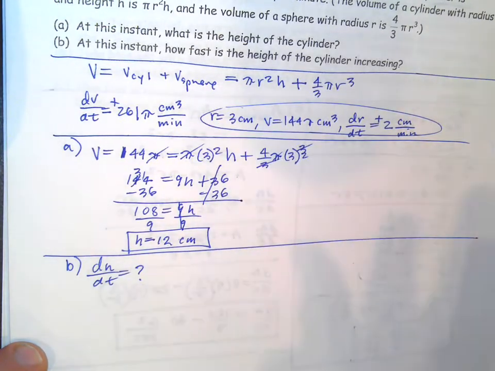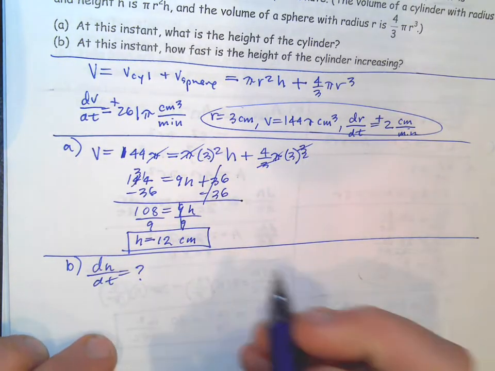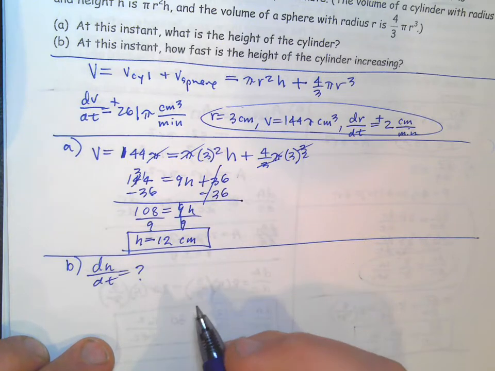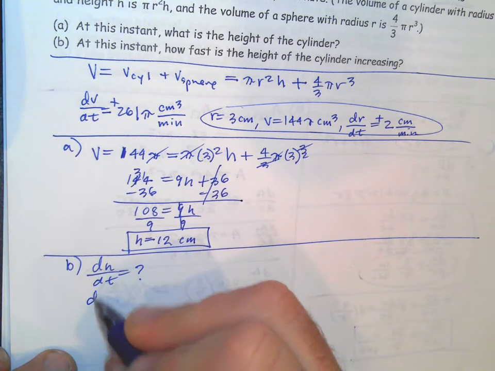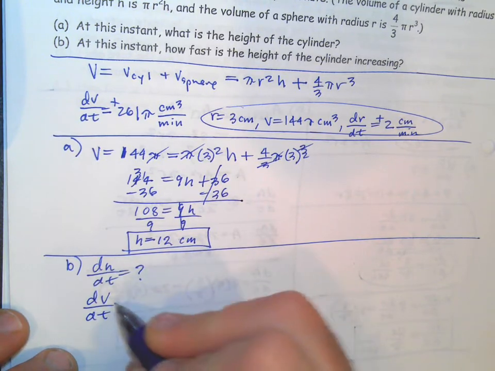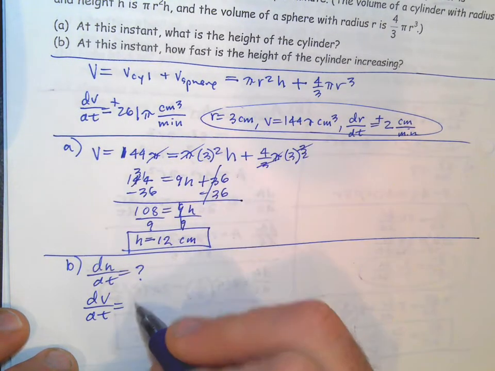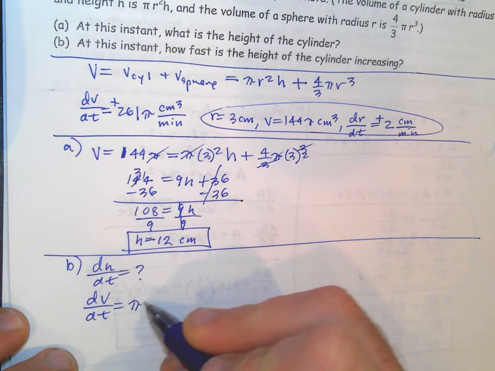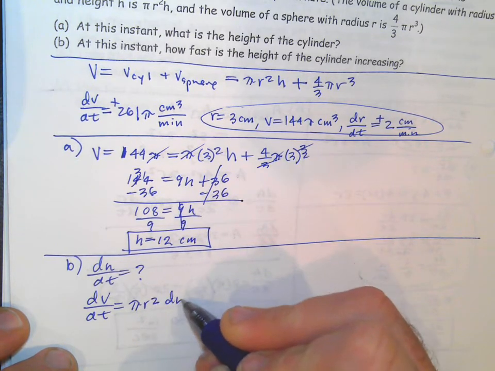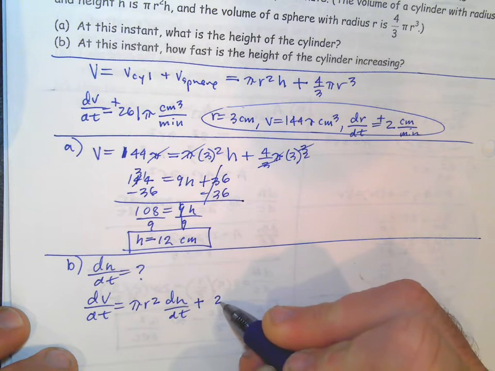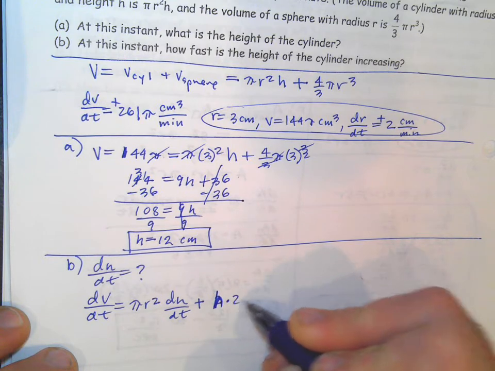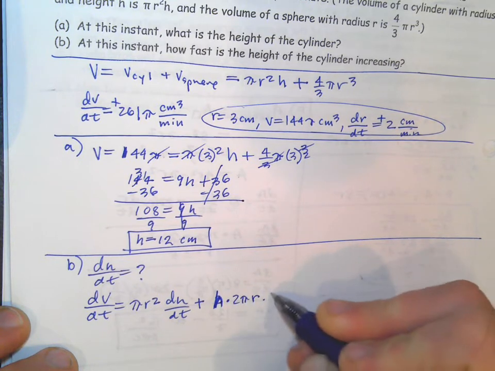So this one is okay to leave with 3 different variables. You just got to be careful when you take the derivative. You have to do a little product rule. So dV/dt equals pi r squared dH/dt plus h times 2 pi r dr/dt.